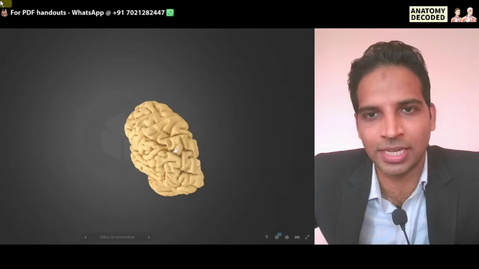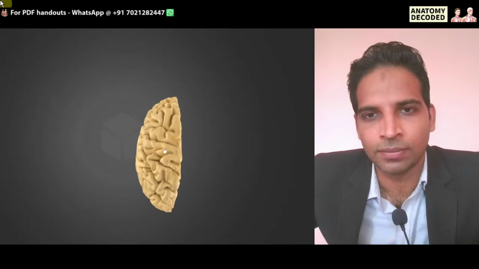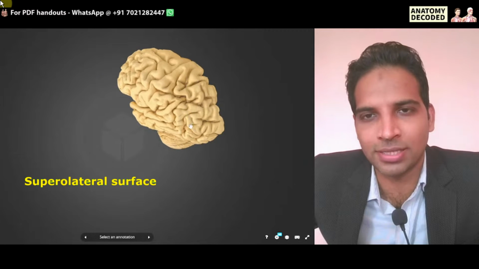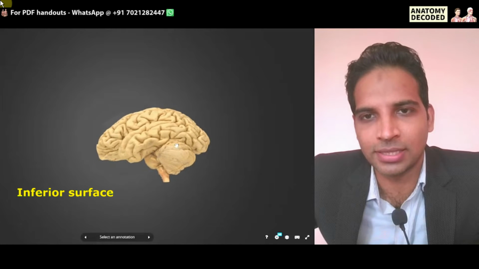The left-sided cerebral hemisphere is seen. So if we see the surfaces towards the midline, on the medial aspect, this surface is referred to as the medial surface. On the outer aspect, this surface is referred to as the superolateral surface. Then on the inferior aspect, that's the inferior surface of the cerebral hemisphere.